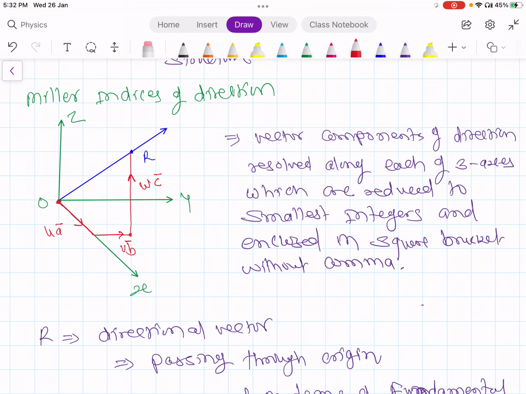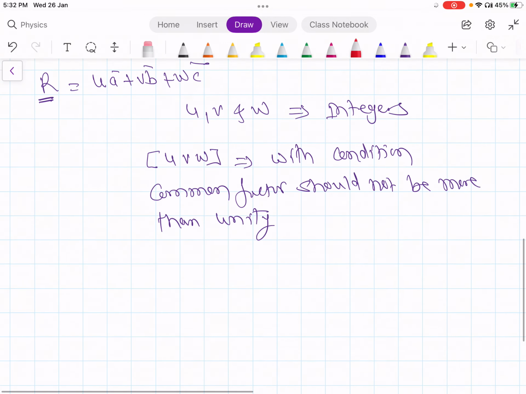And so the line or vector passing through origin and the point so obtained is called the direction. This is the way you can show the direction.